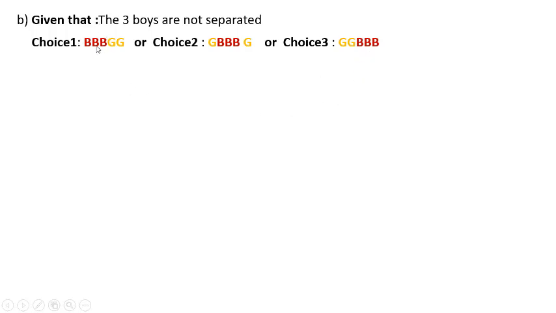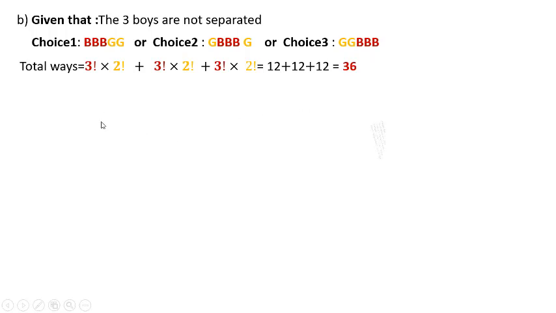Three boys can be arranged among themselves by three factorial ways. Two girls by two factorial ways. For the second choice, the three boys among their seats can be arranged by 3 factorial, and the two girls among their seats can be arranged by 2 factorial. Again, similarly for the third choice, then the total ways will be 12 plus 12 plus 12 equal 36.